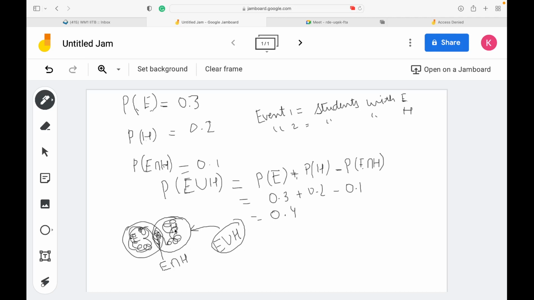Okay. So when we are adding the probability of E and the probability of H, we need to subtract this part, because this part is added twice. That's why, if we are calculating E union H, we need to remove this part, because in P(E) and P(H) this part is counted twice. That's why we remove this intersection, to find E union H.